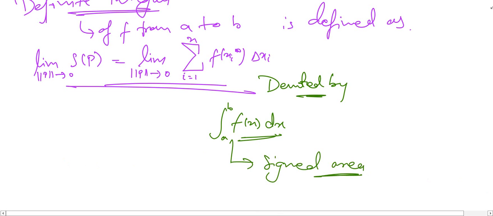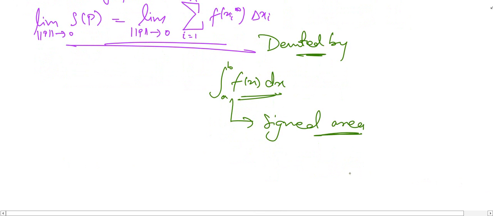This is a benefit of the integral, or sometimes a drawback. We won't discuss it much, because signed area means that the area would have some sign. So this is actually the concept of integral calculus.